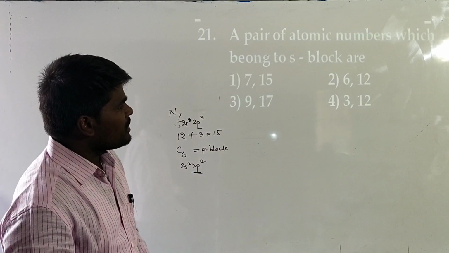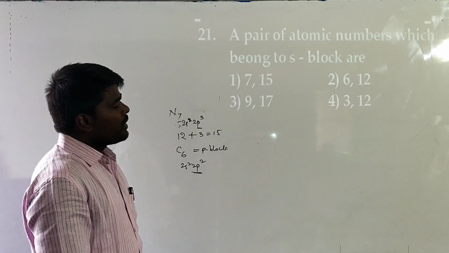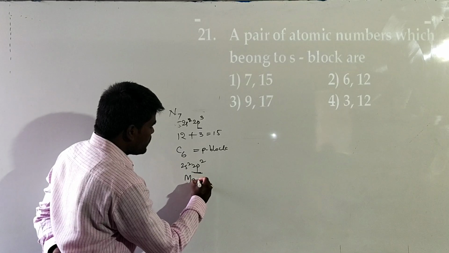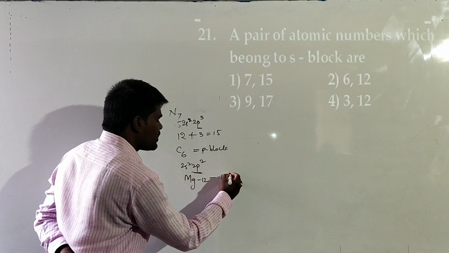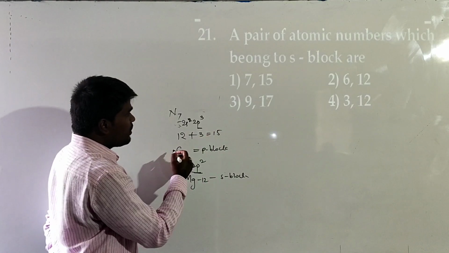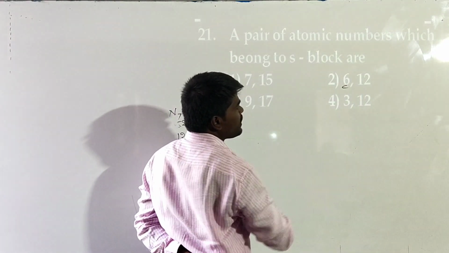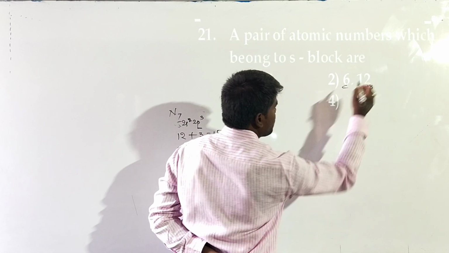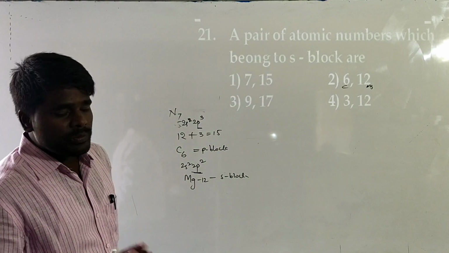And the next atomic number is given as 12. Right? 12 is magnesium. Magnesium belongs to the s block. But he said that both should belong to the s block. In this pair only magnesium belongs to the s block and carbon belongs to the p block. But we need both the elements to be s block.